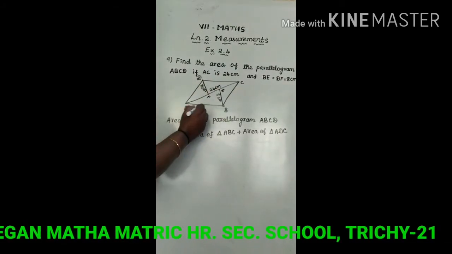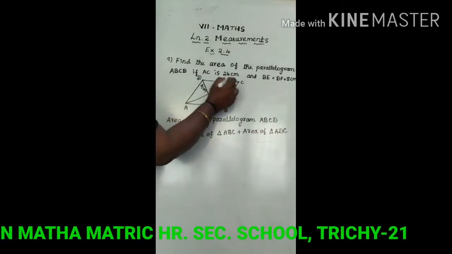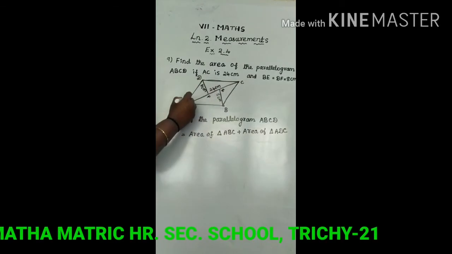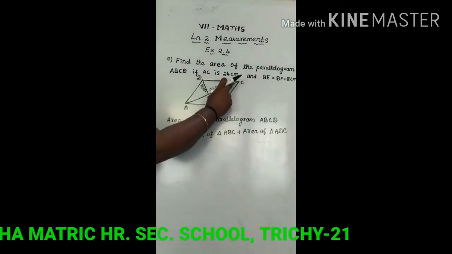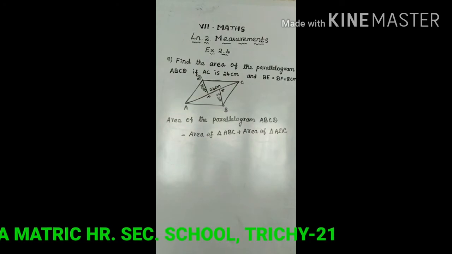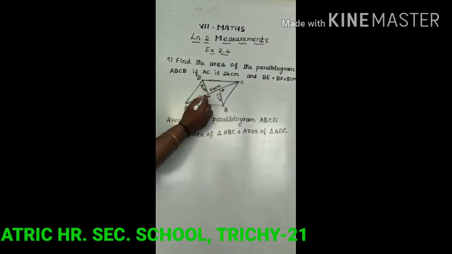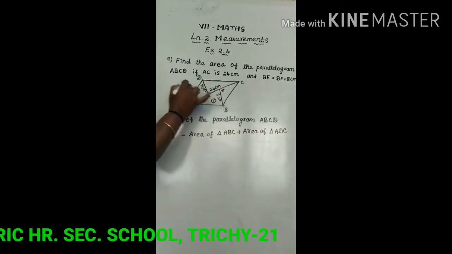Here ABC is one triangle, then ADC is the other triangle. So for the total area of the parallelogram, we first find the area of the triangle ABC, then the area of the second triangle.